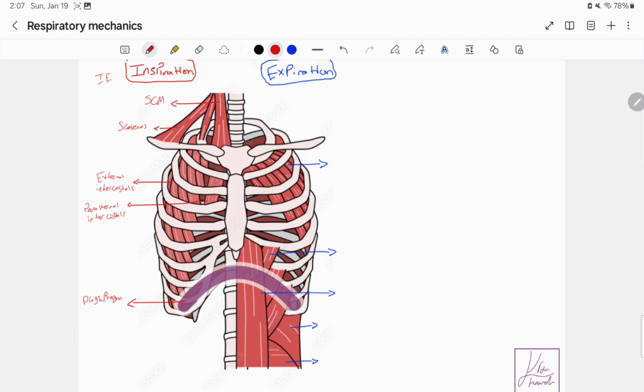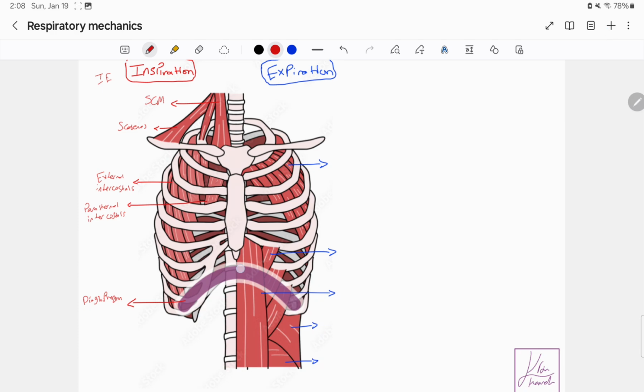In fact, 75% of the enlargement of the thoracic cavity during just quiet breathing, quiet respiration, is due to the contraction and flattening of the diaphragm, okay? So 75% is just due to the diaphragm, all right?